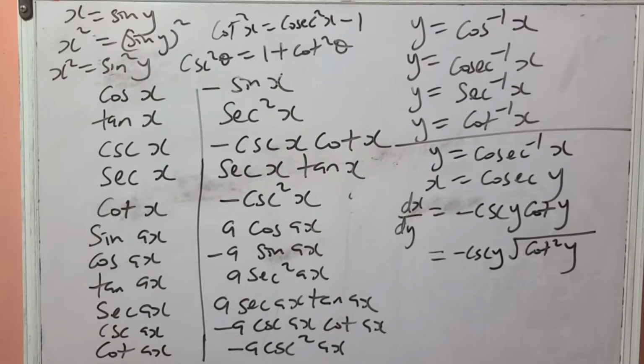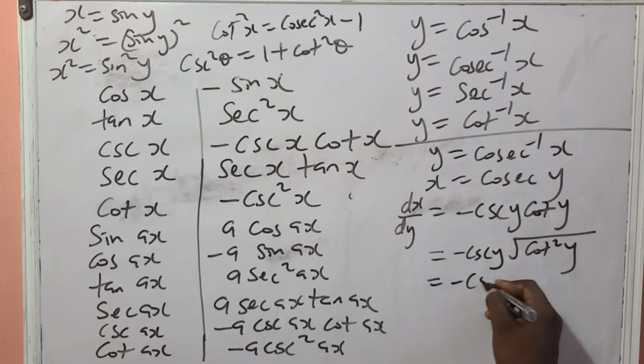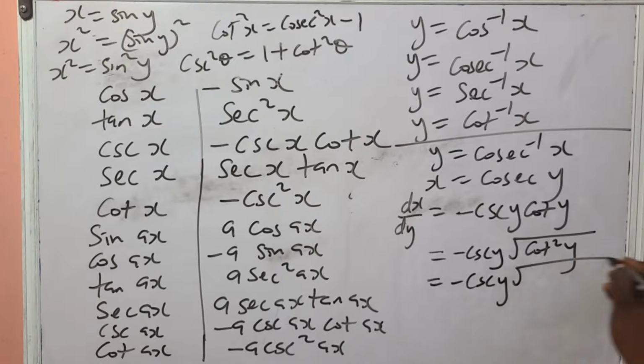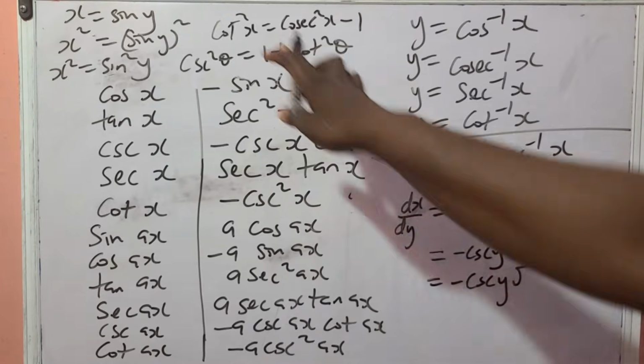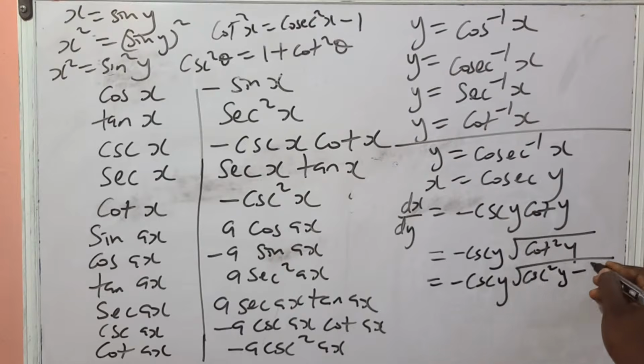Now, what's the next thing? The next thing is for me to bring in my identity inside there. So I'll have this equal to minus cosec y, and the square root will house cosec square y minus 1. Can you see that?